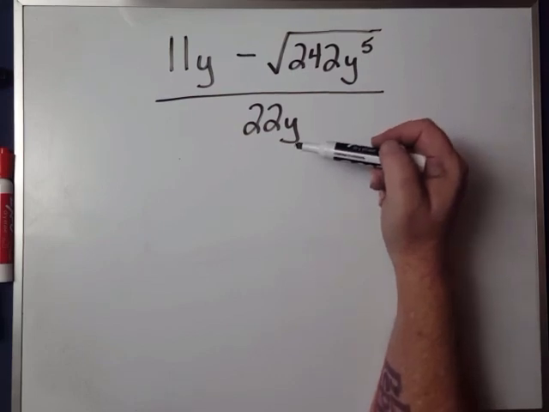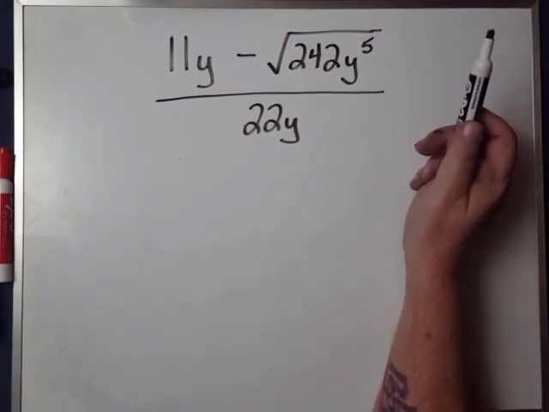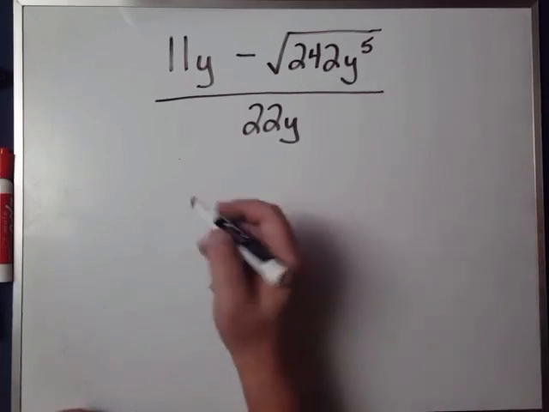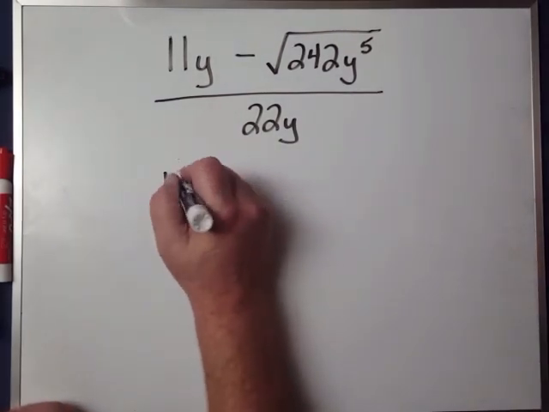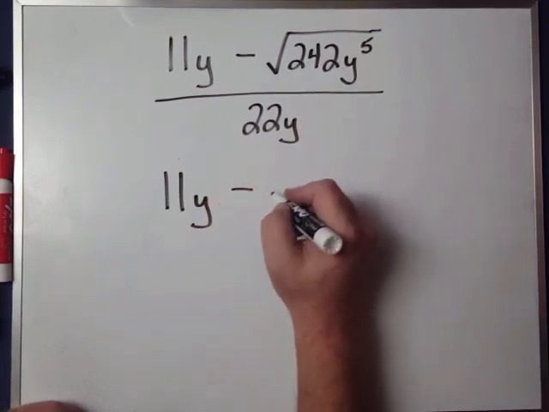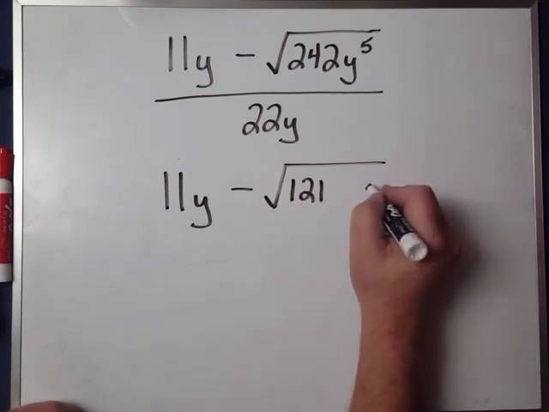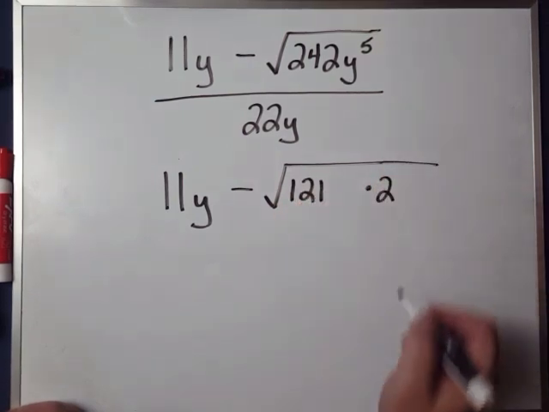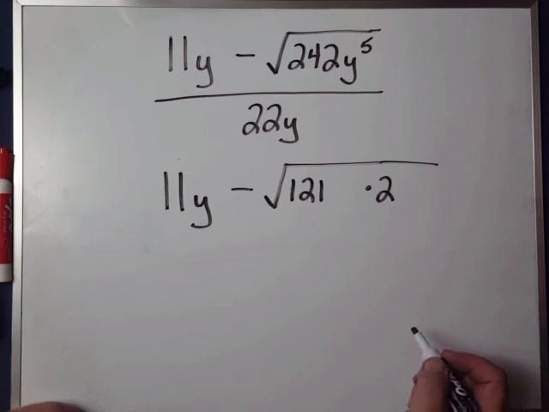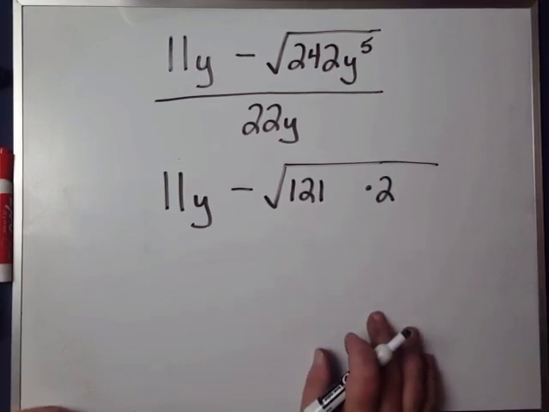But in order to check this for lowest terms, I need to deal with this radical. This radical contains some perfect square factors. 242. Do you spot that it contains a 121? 242 is 121 times 2. 121 is the square of 11.